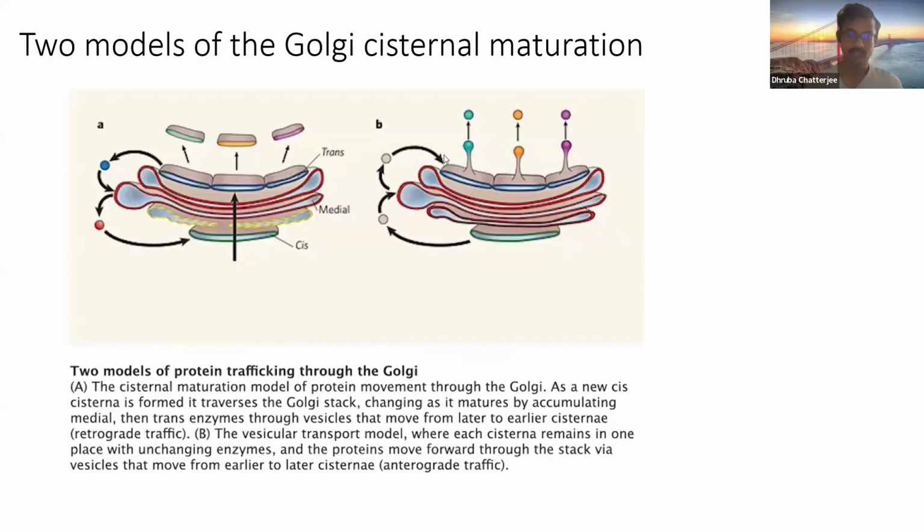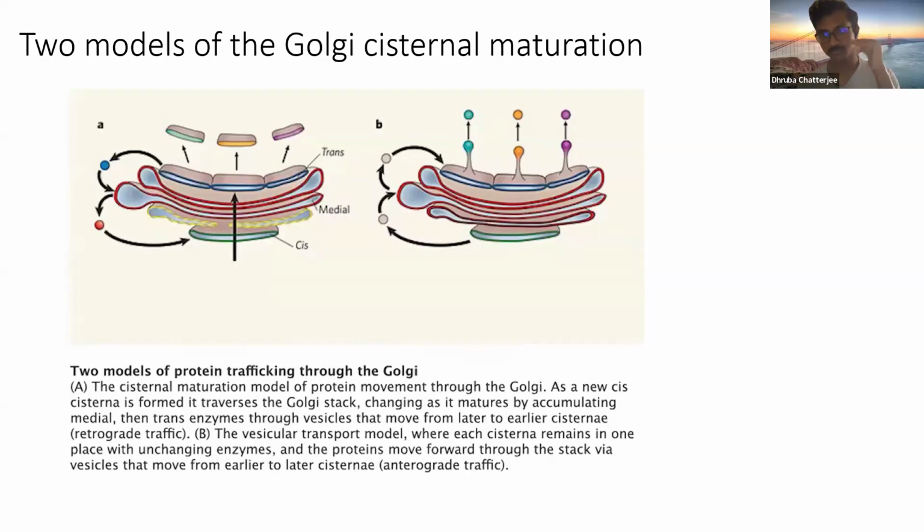In the case of the Golgi, the proteins move from the cis Golgi to the medial Golgi and the trans Golgi. Now, the Golgi cisternae are also very dynamic. That is, there is a Golgi maturation.